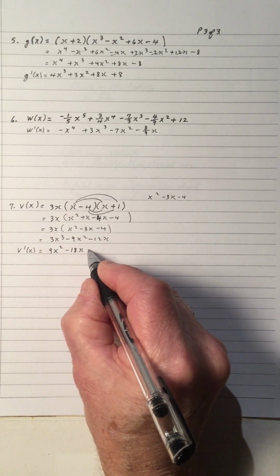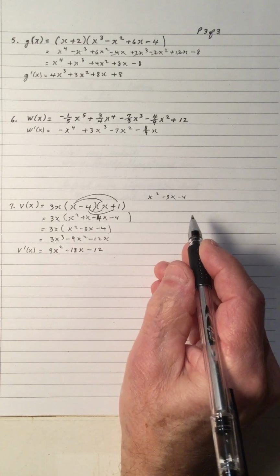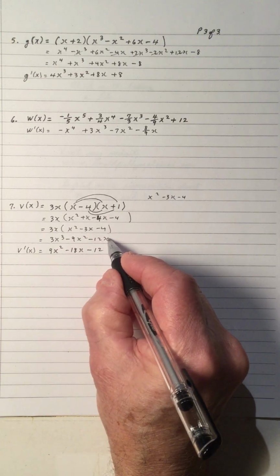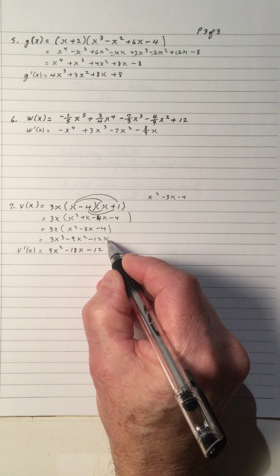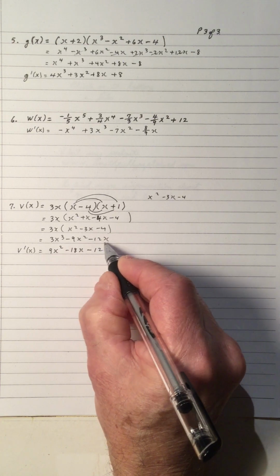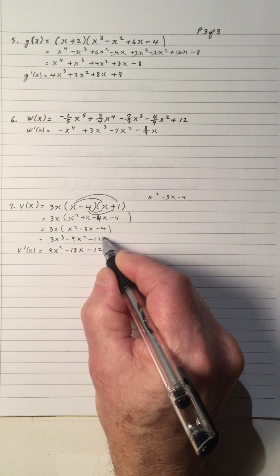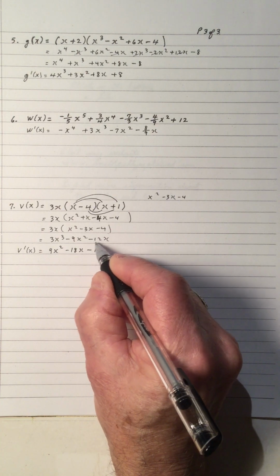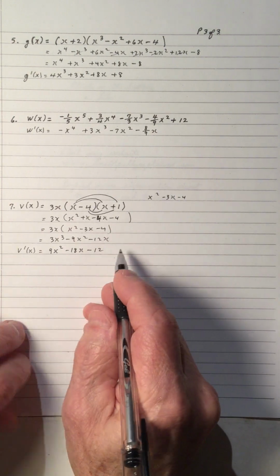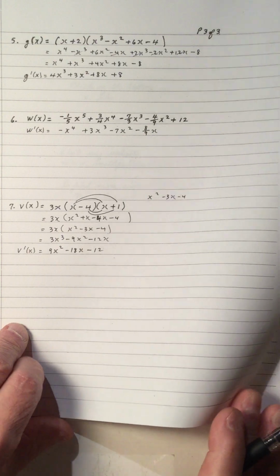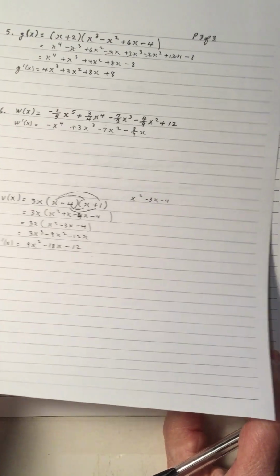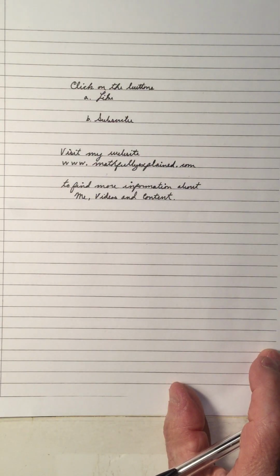And this is a linear, so this is just a negative 12. Decrease this power by 1. 1 minus 1 is 0, x to the 0 is 1. So that's a linear, so the slope of a linear function is just a number in front. So there's the derivative. So there's some practice on doing the derivative of combinations of additions and subtractions.